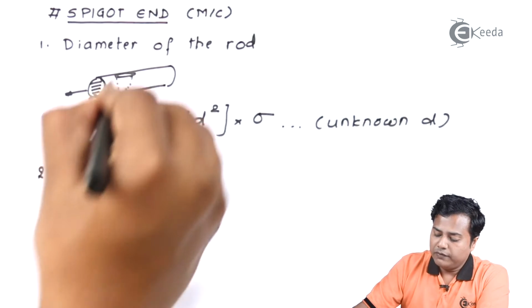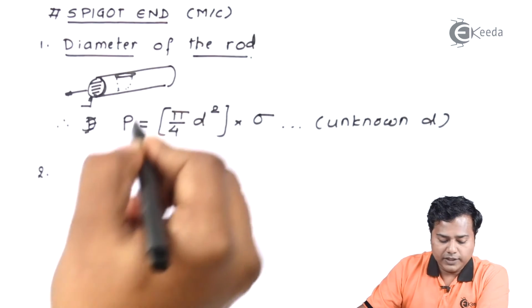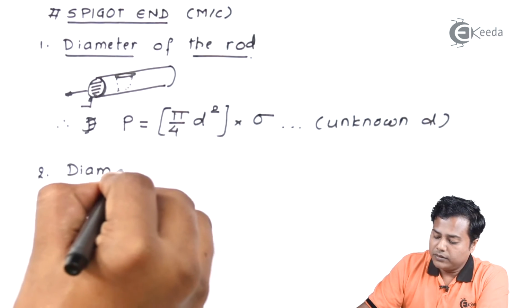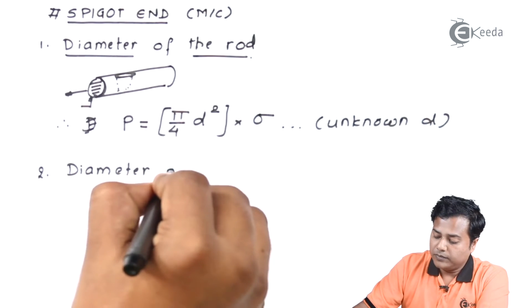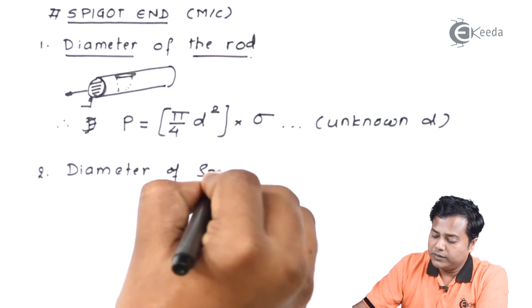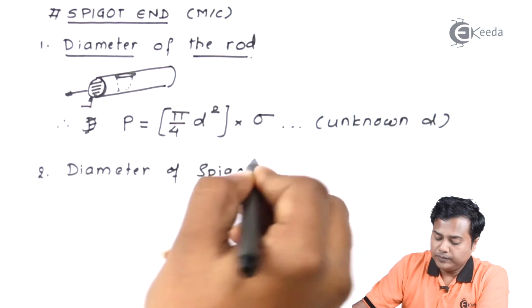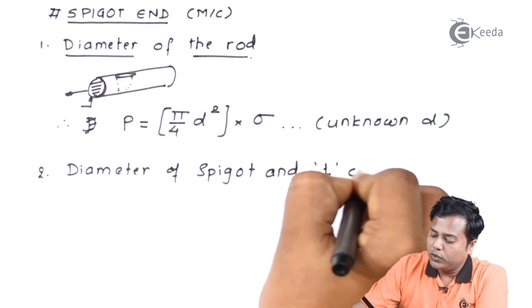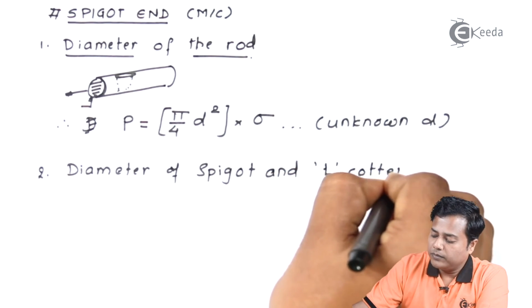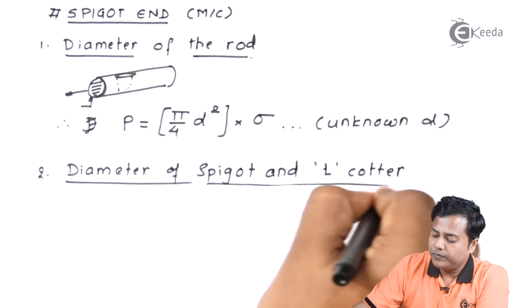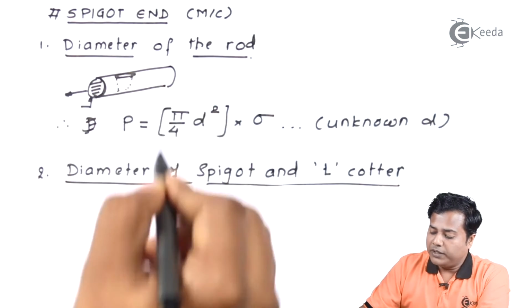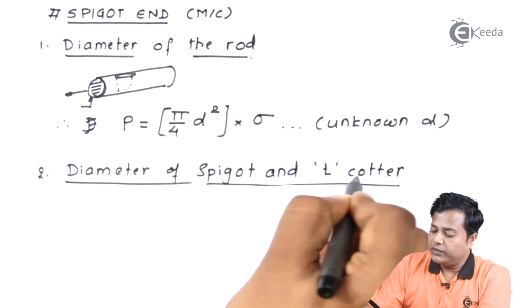Let us move ahead with the next dimension, and that's called diameter of spigot and thickness of the Cotter. Now it is the spigot diameter that we are concerned with, and the thickness of the Cotter.